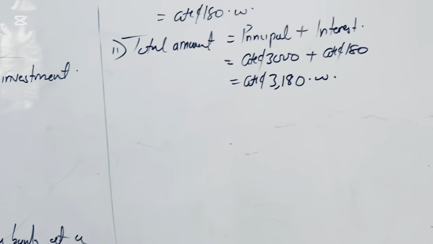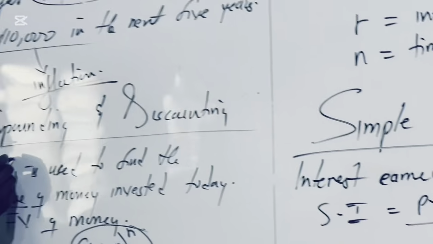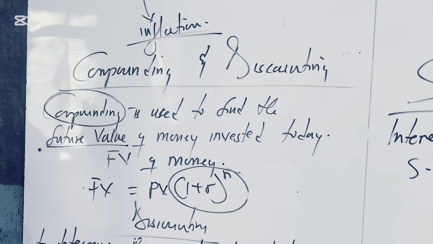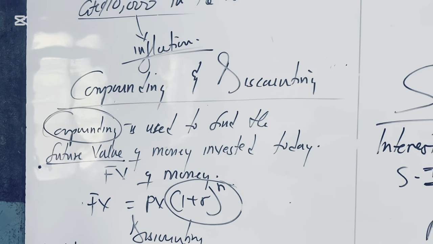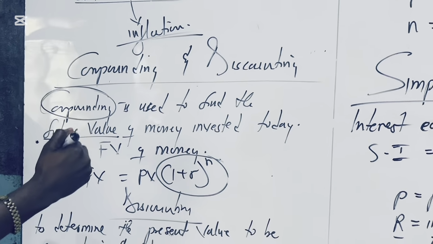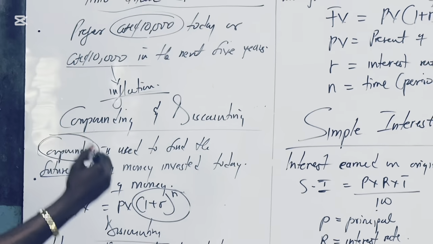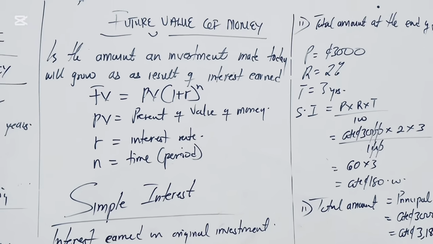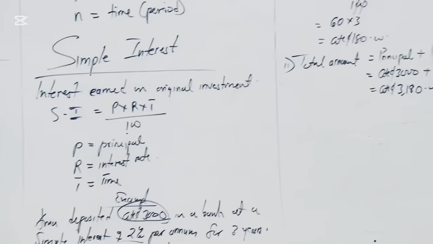There are times when the examiner will tell you to solve this same question using compound interest. Well, what do you mean by compound interest? Compound interest is the interest earned on interest. That is it. The interest that you are earning on interest. So with compound interest, after calculating the first interest on the first principal, you add it to the principal and then you calculate the interest on the entire principal and the interest.